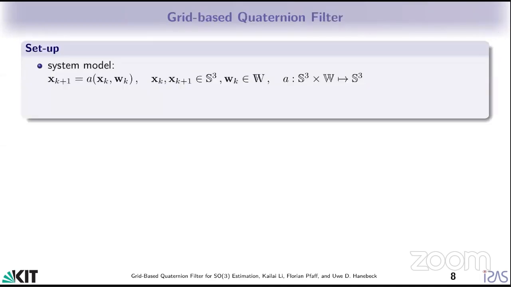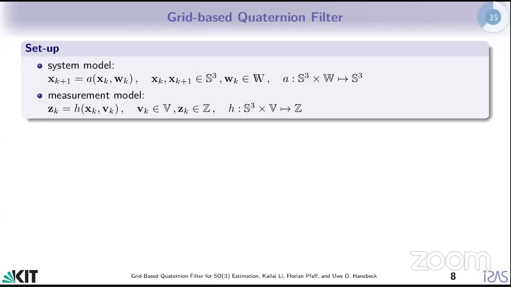The proposed grid-based quaternion filter is deployed for the following setup. The system state x_k, which is the quaternion, belongs to the hypersphere S3, and the system noise w belongs to its own domain. The transition model a propagates the state to the next time step with a noise term.